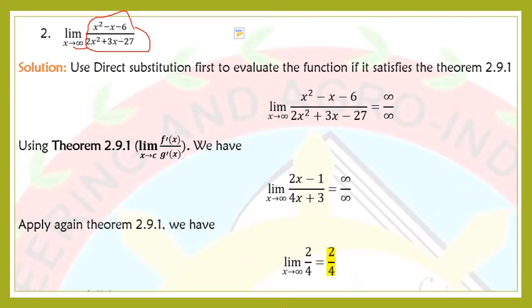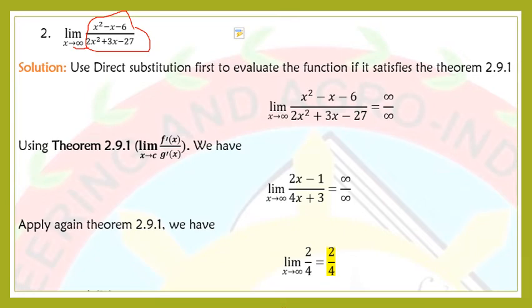Okay, the same process: use direct substitution first to evaluate the function, and if it satisfies the theorem of L'Hopital's rule, then we can apply it. So we have the limit of x squared minus x minus 6 over 2x squared plus 3x minus 27 as x approaches infinity.